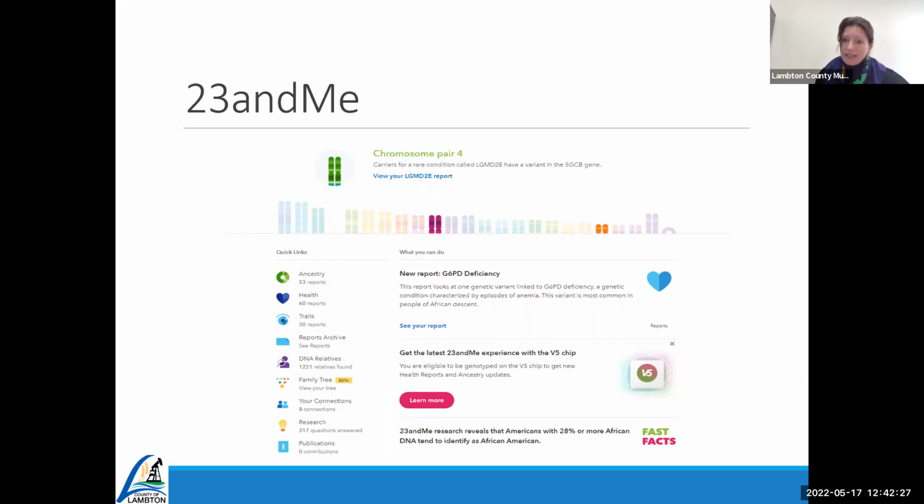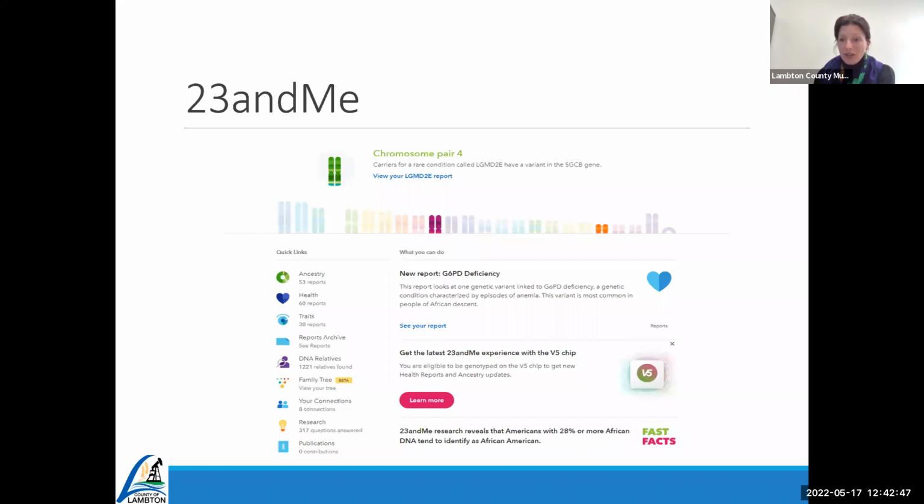So you can hire a team of genealogists if you choose. And for health and traits, it does offer health predispositions, carrier status, interesting traits, whatever that may be, and health beyond your genetics. It also gives you the opportunity to participate in research if you choose.